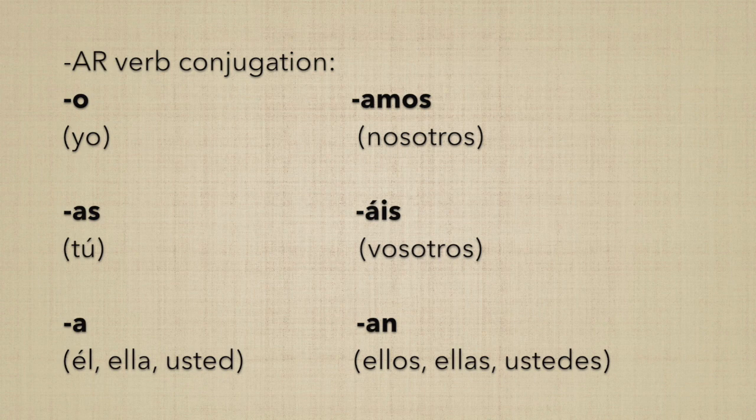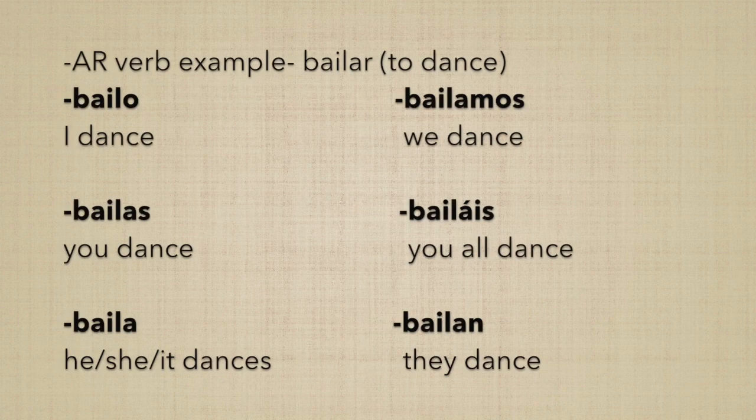So now we are going to start with the AR verb conjugation, which actually is the most common. So going in order, we have o, as, a, amos, áis, and an. Here is an example which is the conjugation of bailar. Yo bailo, I dance. Tú bailas, you dance.